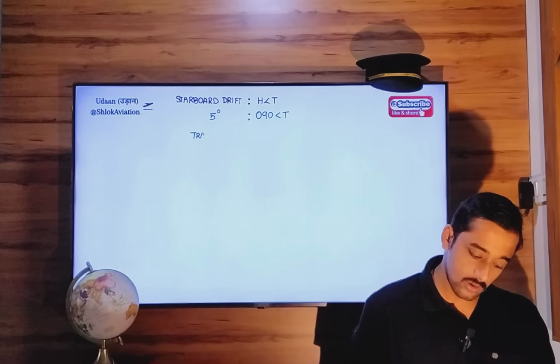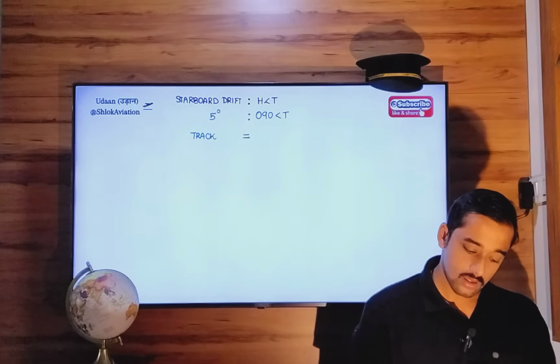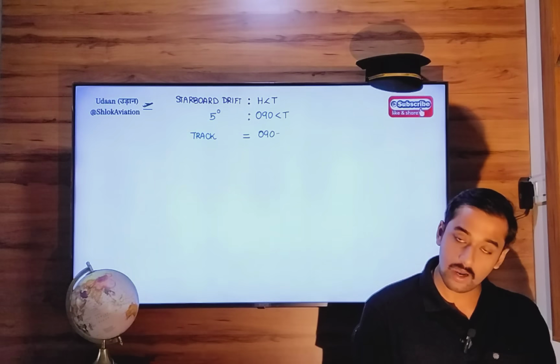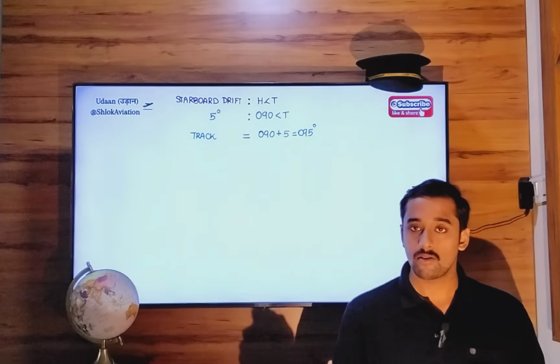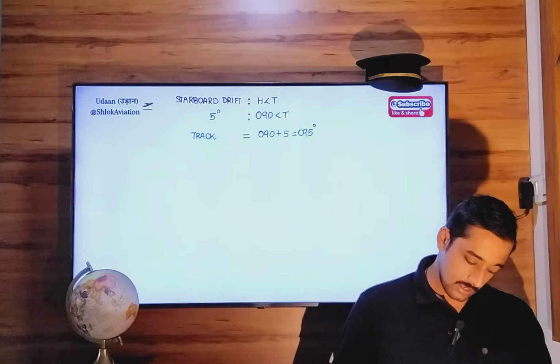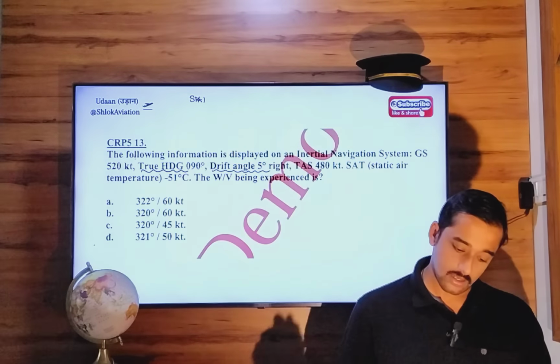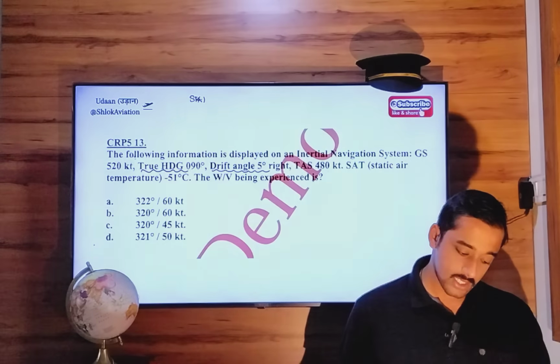Track will be equal to 090 plus 5, 095 degree. Okay. Now let's substitute these values.